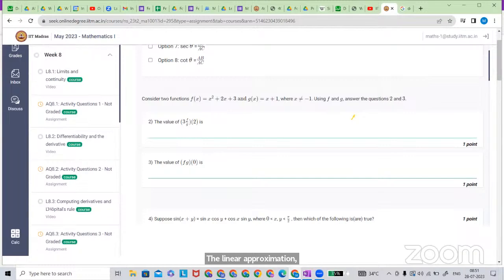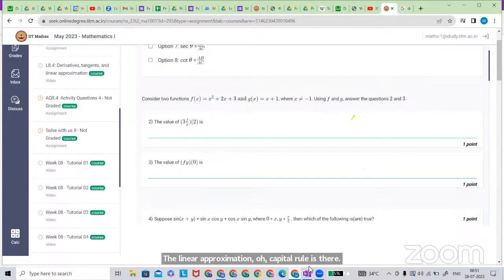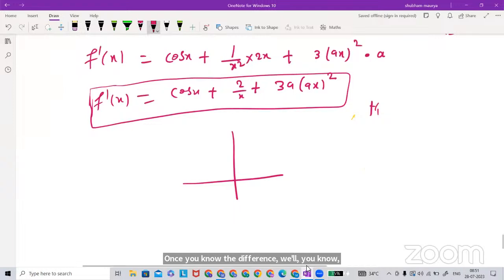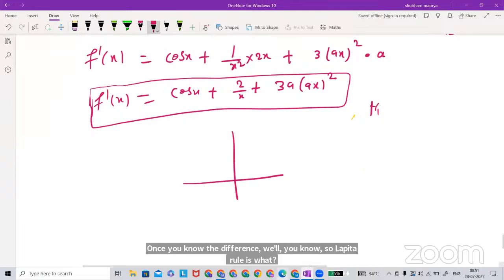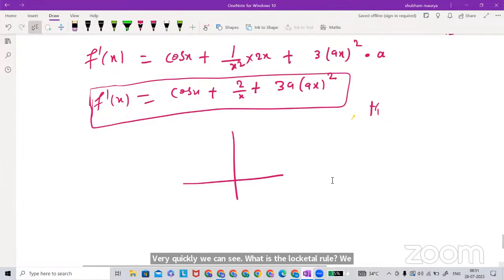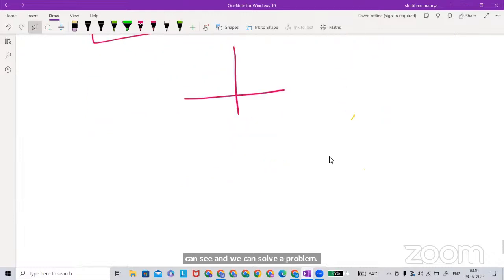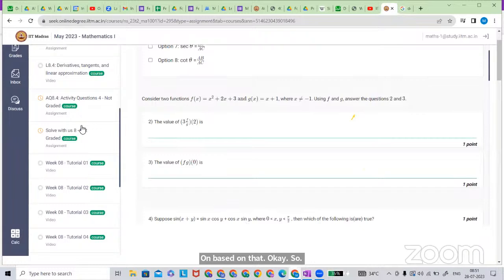Once you know differentiability, we can very quickly see what L'Hopital's rule is, and solve a problem based on it. So what exactly is this L'Hopital rule?